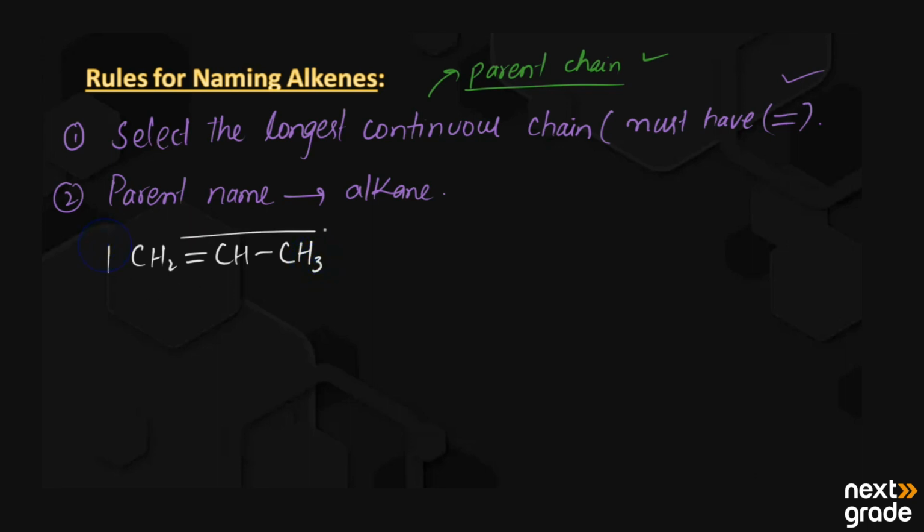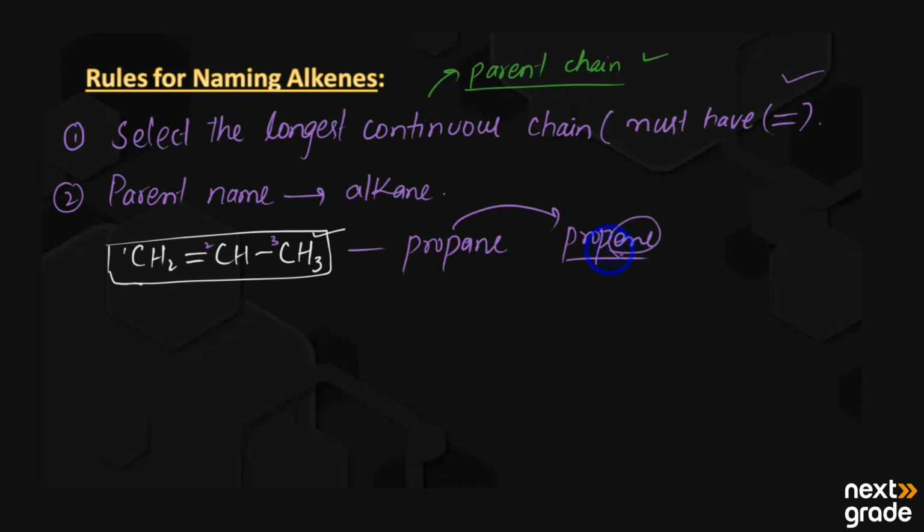Here this is the chain, having a total of three carbon atoms. So basically it's propane. Now we have to derive the name of the alkene from propane. It becomes propene. Why does it become propene? Because it has the double bond in it. So this is the second rule.